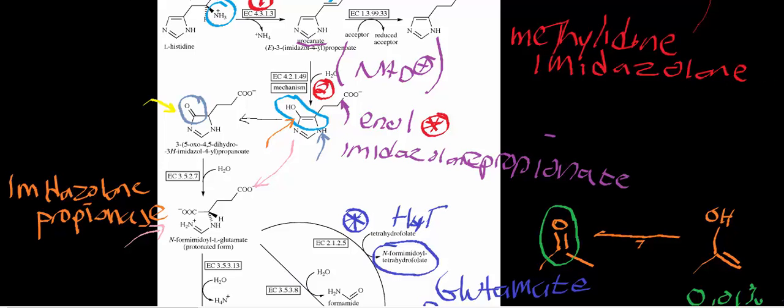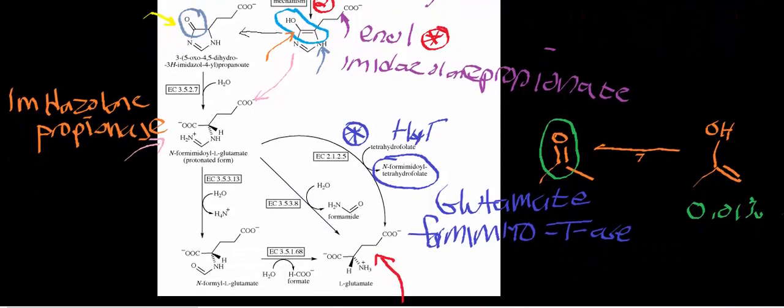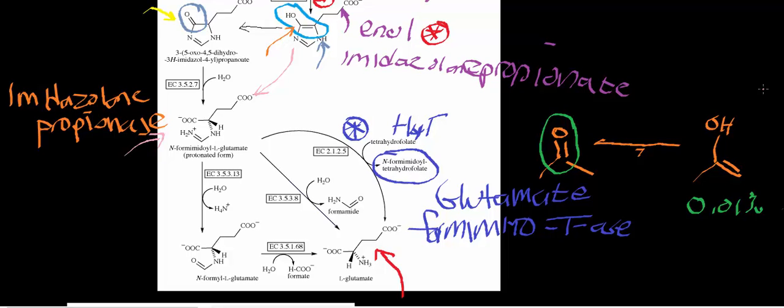That reacts with imidazolone propionase, giving us N-formiminoglutamate. Then that reacts with glutamate formiminotransferase, and we get glutamate, but our main energy-yielding product is N-formimino tetrahydrofolate. Go back and watch the video on tetrahydrofolate metabolism for a little more detail on this.